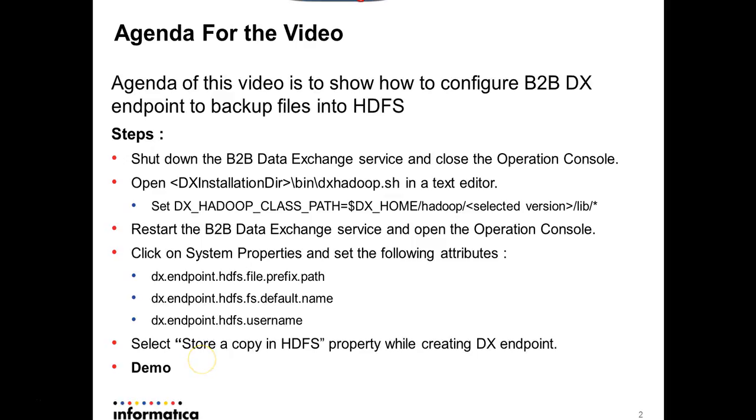That way, when the DX picks up the file, it will parallelly store that file into your HDFS system, and also it can go ahead and do the further processing as part of the DX processing. Right. So let's take a quick demo and we'll go over this in details.